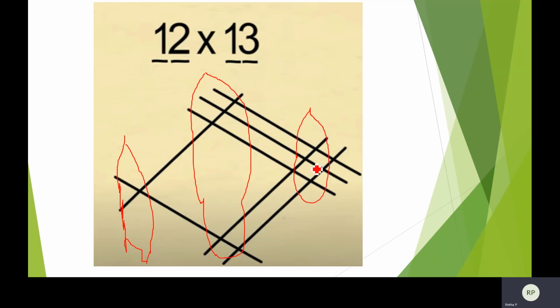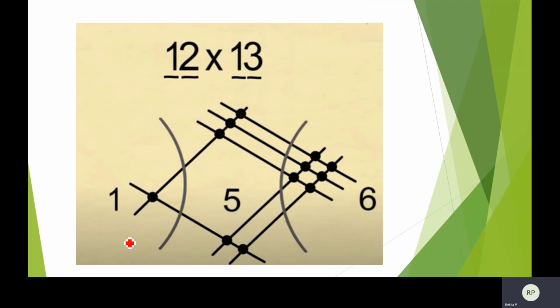Then you count the intersections in each group. So these are all the groups: this is one group, this is the next group, and this is the next group, grouped in a diagonal manner. So the first step is to represent the number using lines: digit one, one line; digit two, two lines.